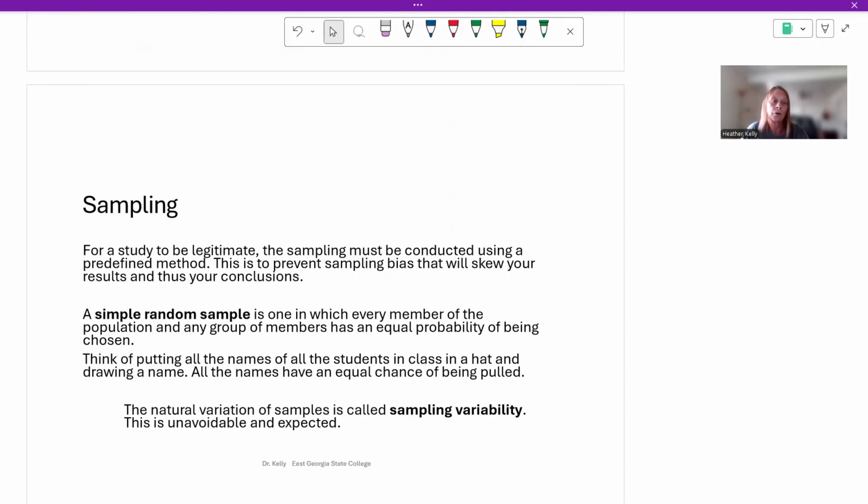All right. So for a study to be legitimate, you have to have some kind of sampling methodology. You can't just willy-nilly do it. To make something scientific, it has to be based in something that was done in some sort of logical way that could be replicated.